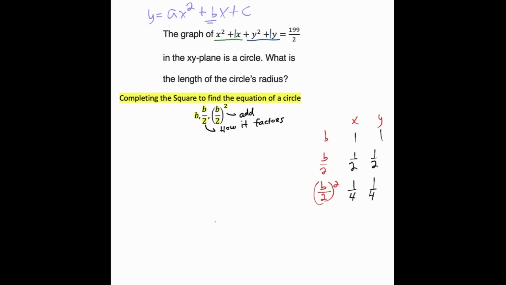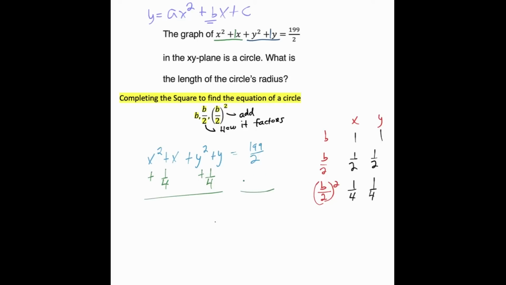So let's just copy the original equation. And here, we're going to add 1/4, and here we're going to add 1/4. So we just added 2/4 to the left side of the equation. Now 2/4 is the same as 1/2.